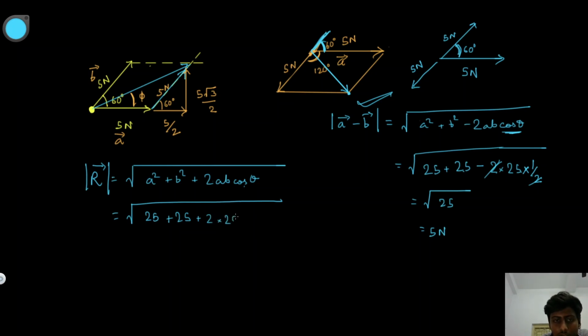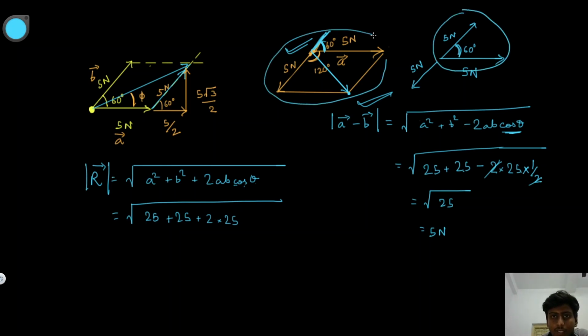And in place of theta we would no longer take 60 degrees, we would take 120 degrees, because now we are using this diagram. Previously we directly applied the formula and we were using that diagram. Now we are using a transformed diagram, this diagram.